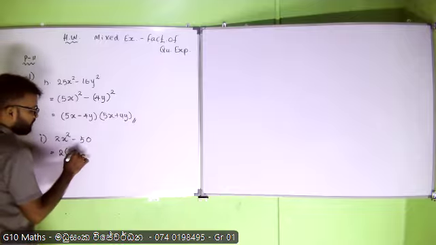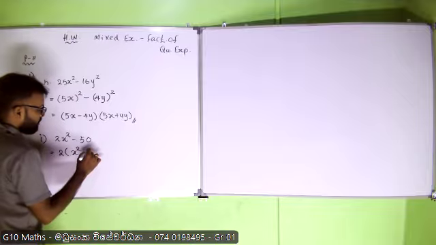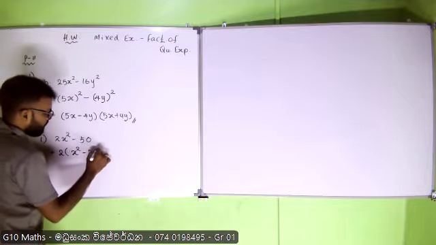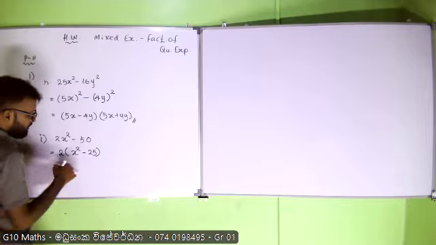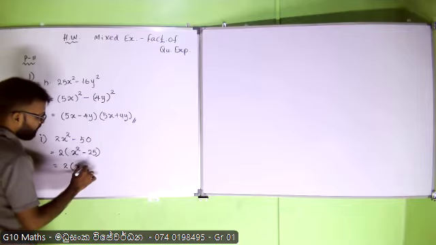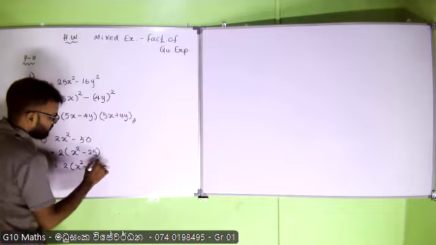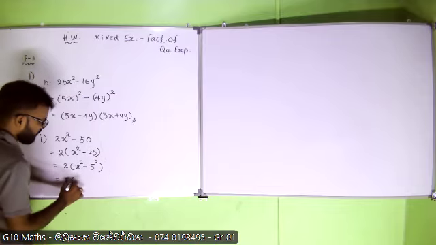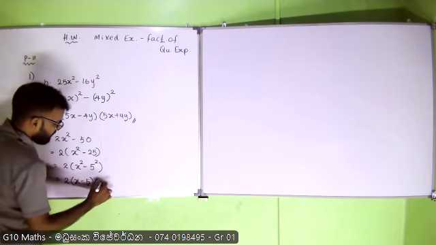Take it out, otherwise you cannot write it as a difference of two squares. 50 divided by 2 means 25. So you have 2 as a factor outside the brackets. Now you have x to the power 2 minus 5 to the power 2. So now you can apply the difference of two squares theory: x minus 5, x plus 5. Done.